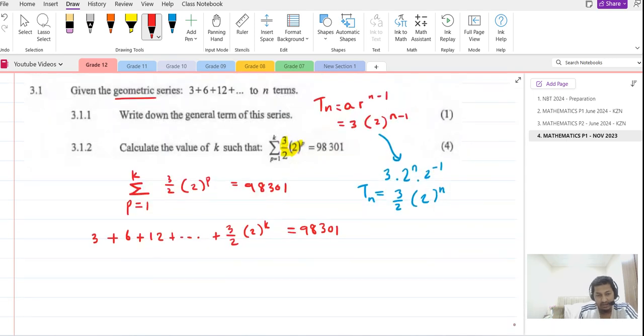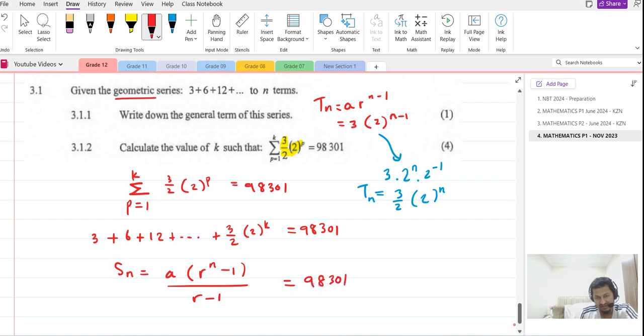So this is basically the Sn formula of a geometric series. This is diverging because the numbers are getting bigger and bigger, so use the formula a times r to the power n minus 1 over r minus 1, equal to 98301.